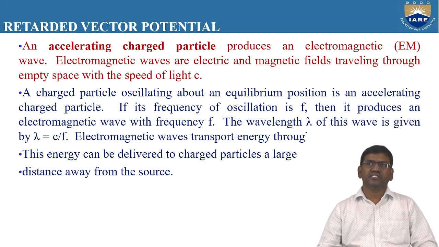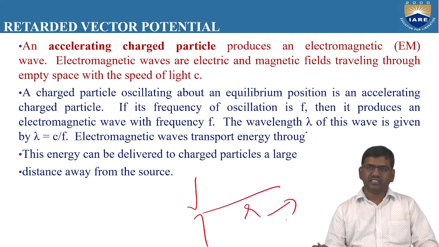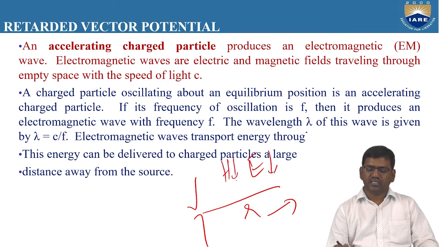The electric and magnetic fields produced will vary with the distance of propagation. As the distance r increases, the electric field strength E and the magnetic field strength will gradually decrease.